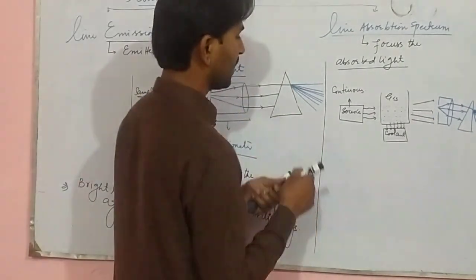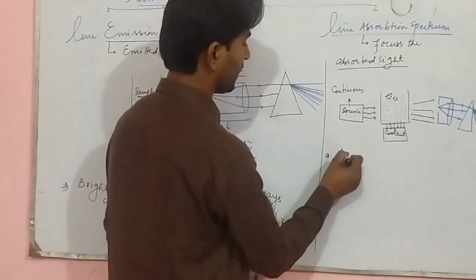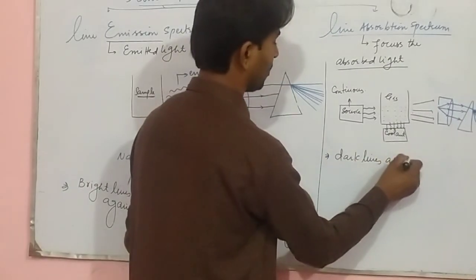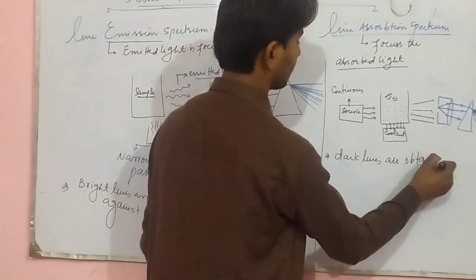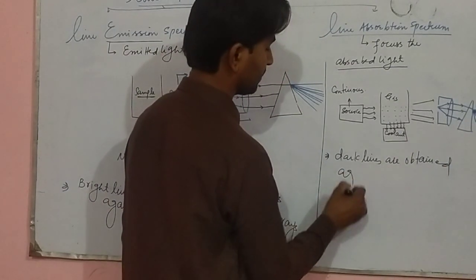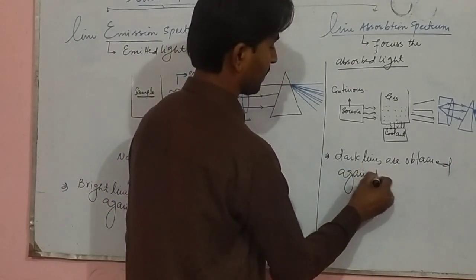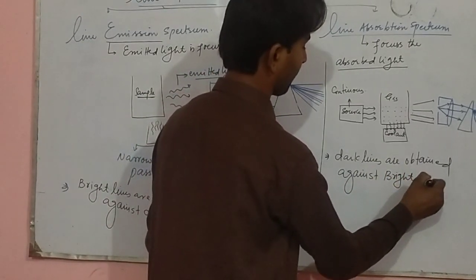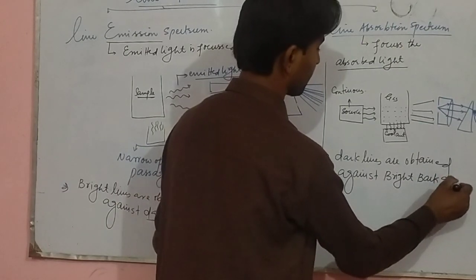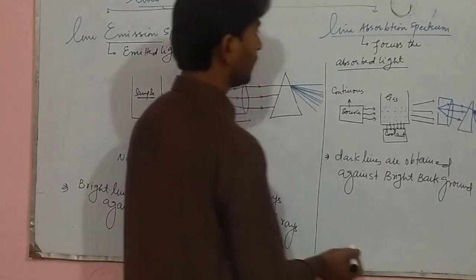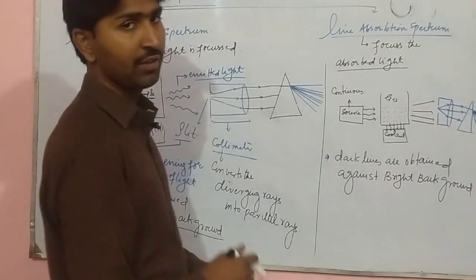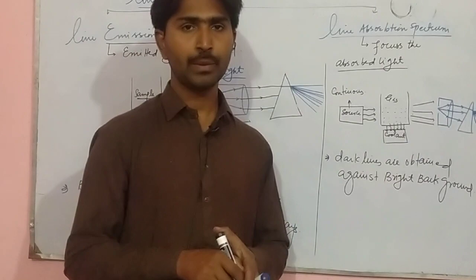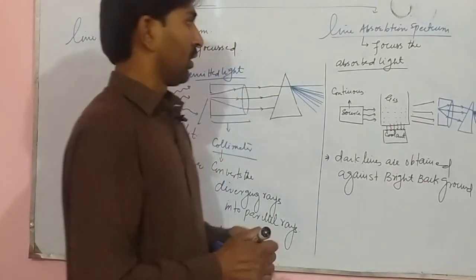So in line absorption spectrum, dark lines are obtained against a bright background. So this is line absorption spectrum, and these are the two techniques through which we study atoms. Okay, thank you.